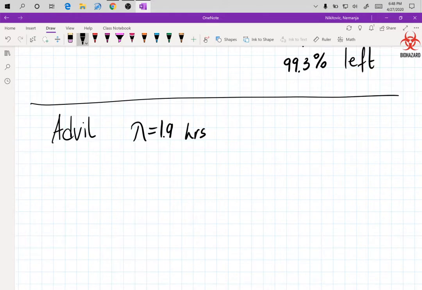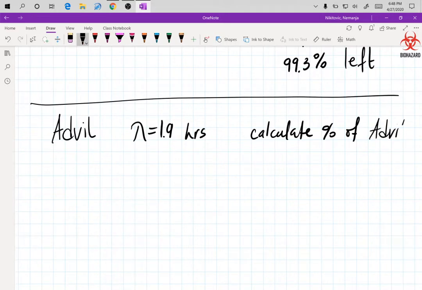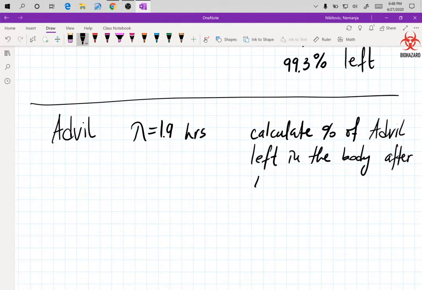And I want to calculate the percent of Advil left in the body after 4 hours, because people usually keep popping a dosage every 4 hours.